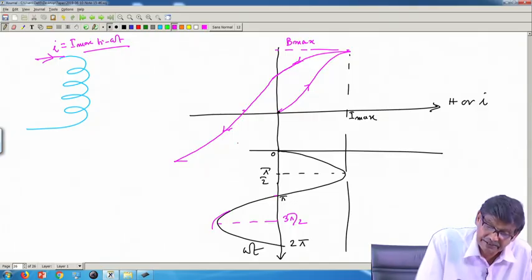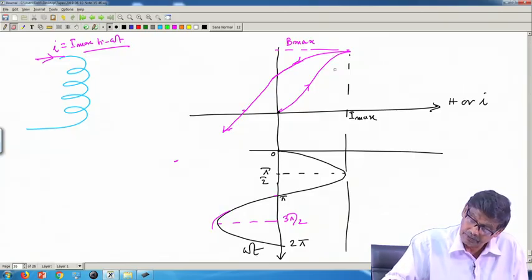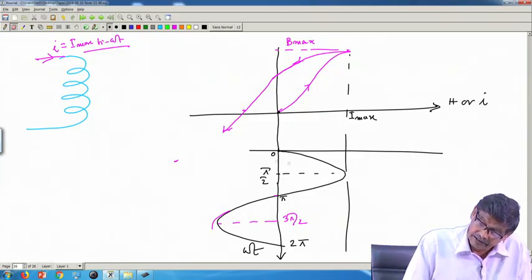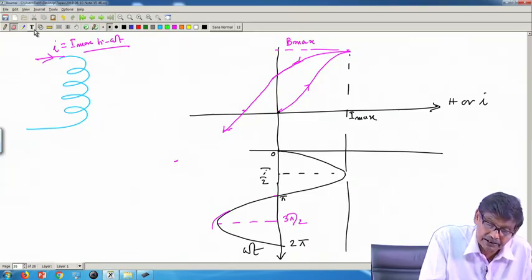And I think this length should be slightly, I mean whatever is B max here, same ordinate, if you come it will come here. So, it will be somewhat like this.